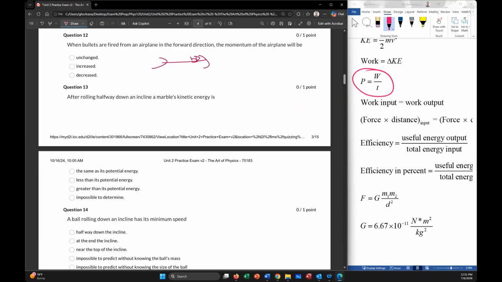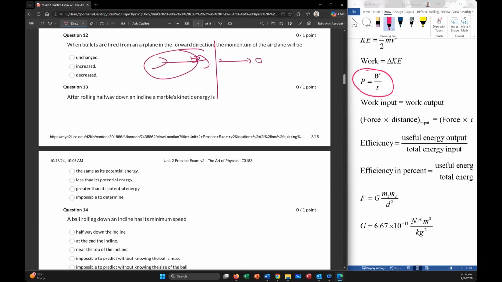But when it's fired, the bullet goes a little forward, and then the airplane will go a little backward. If we want to keep momentum equal, momentum before and momentum after, the bullet will have a momentum. So because the momentum is conserved, momentum before firing and momentum after firing should be equal. If we want to keep this constant, the momentum of the airplane should decrease because it gives a portion of its momentum to the bullet.